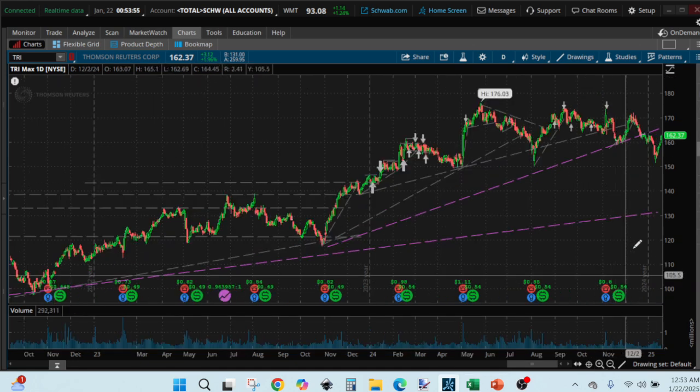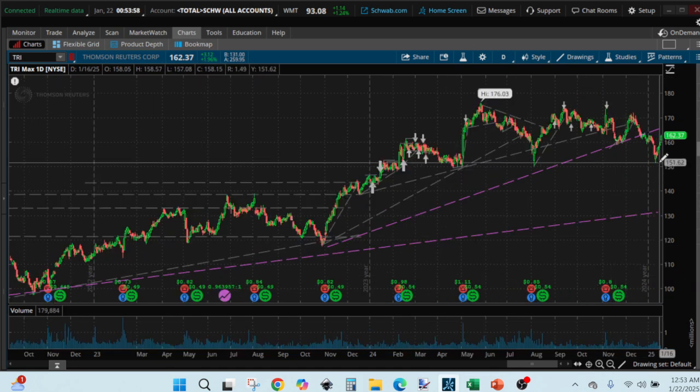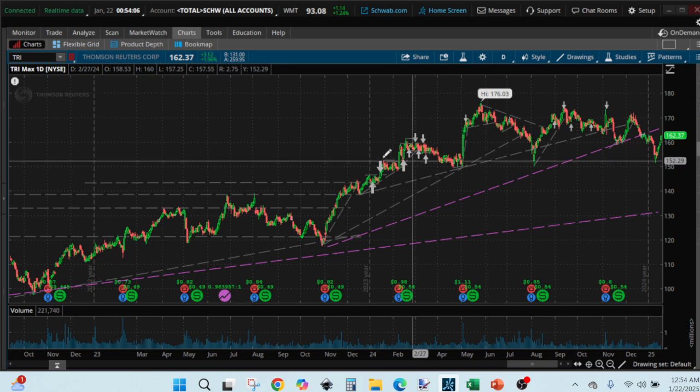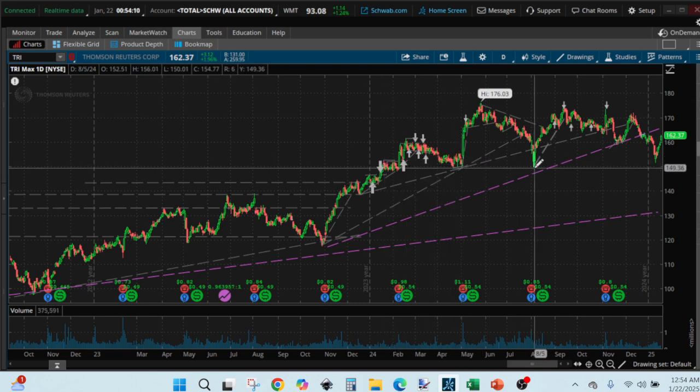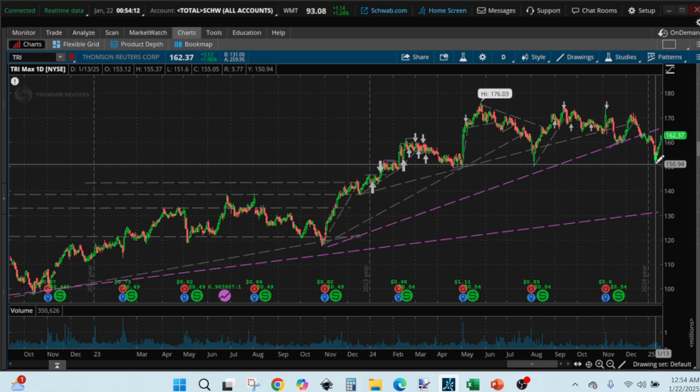So it could be an area that it would like to rest and start going up from there, because again it is a resistance line, a support line, a support line, and a support line here.